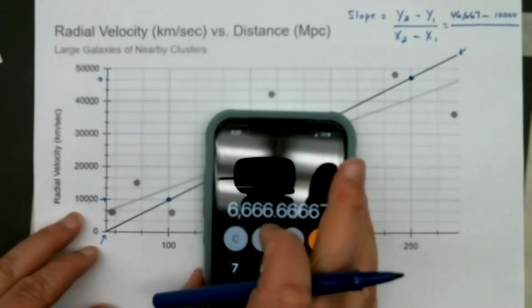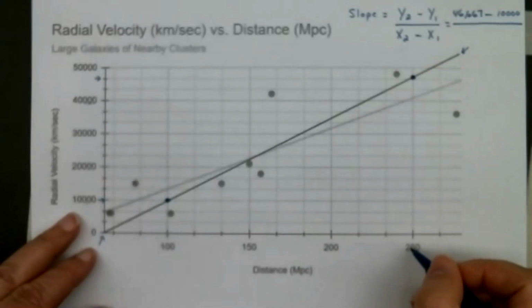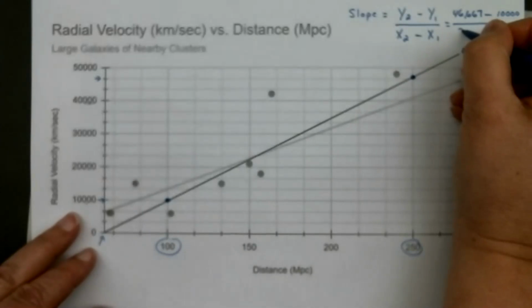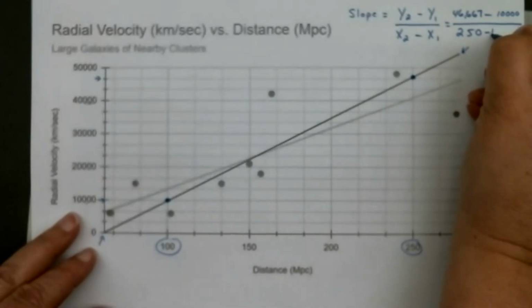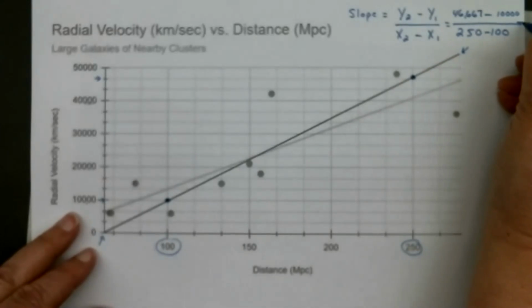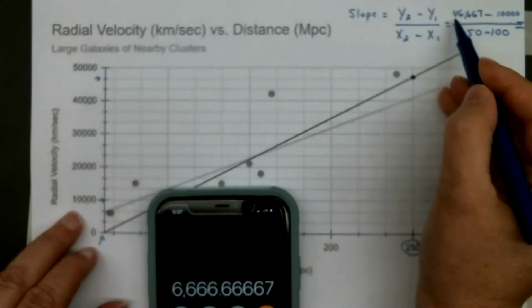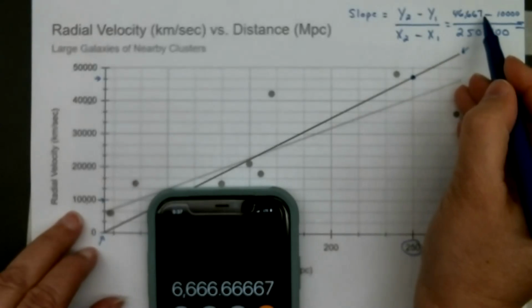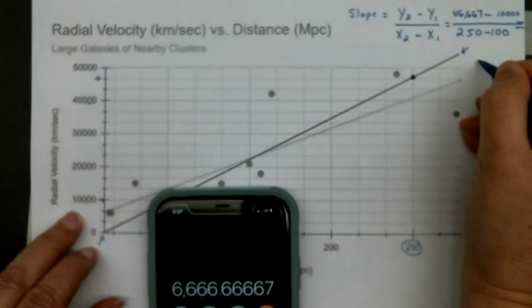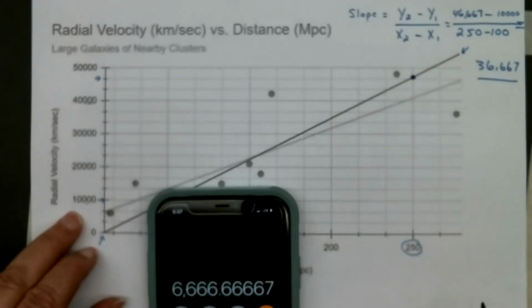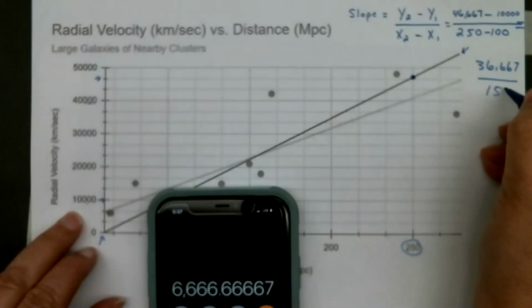Now I need my x values. Well, this one's easy, 250. There's that one, 100. 250 minus 100. Now yours, of course, will be different. All right, so 46,667 minus 10,000 is 36,667, divided by 250 minus 100, which is 150.